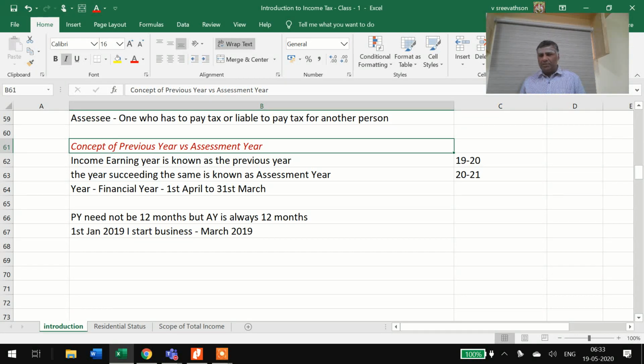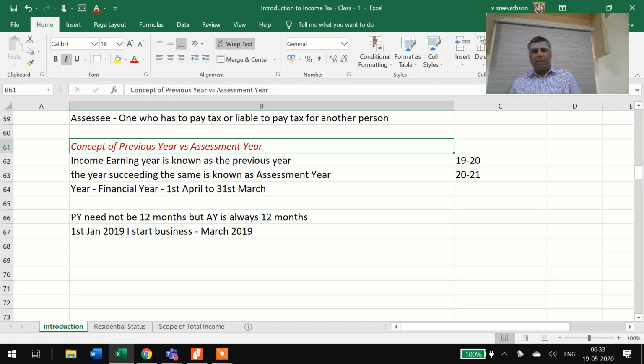Suppose a person gets a lottery income on 1st October 2019.